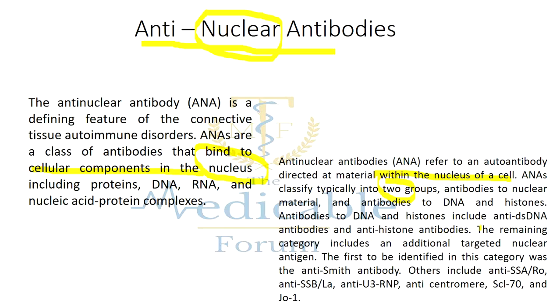The remaining category includes additional targeted nuclear antigens. The first one of them was anti-Smith antibody, which I'll be talking about, and others include the anti-Ro, anti-La, anti-ribonucleoproteins, anti-centromere antibodies, anti-Scl-70, and anti-Jo.